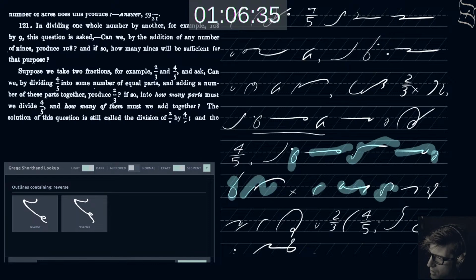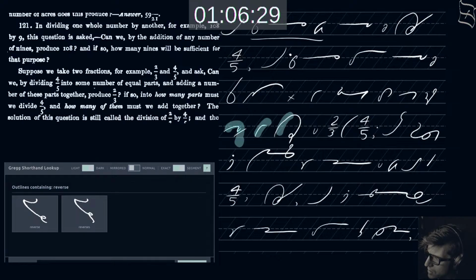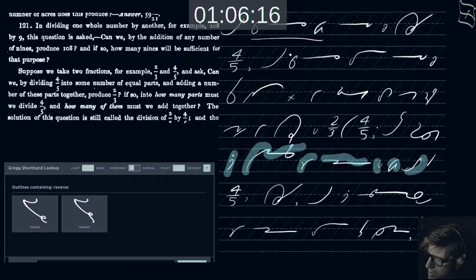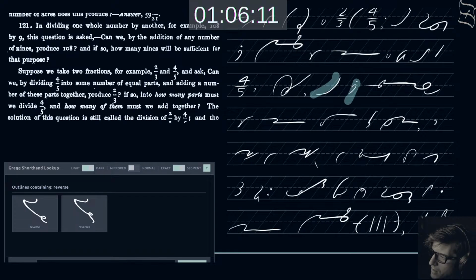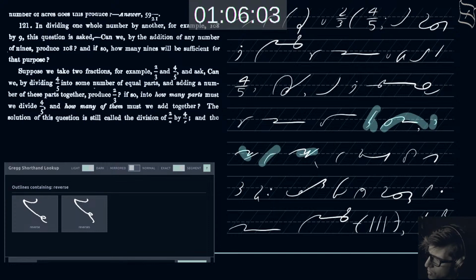The solution of this question is still called the division of 2/3 by 4/5, and the fraction whose denominator is the number of parts into which 4/5 is divided, and whose numerator is the number of them which is taken, is called the quotient. The solution of this question is as follows.